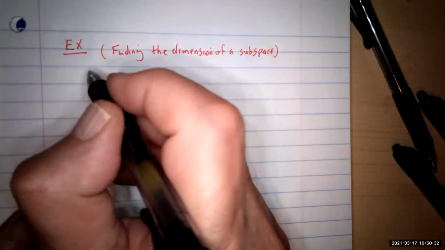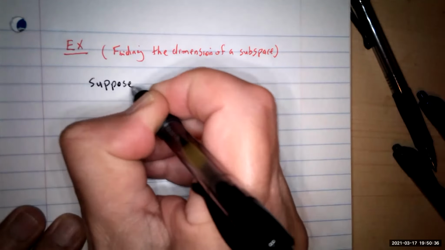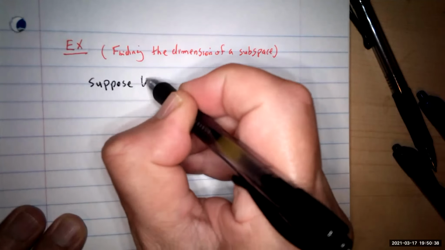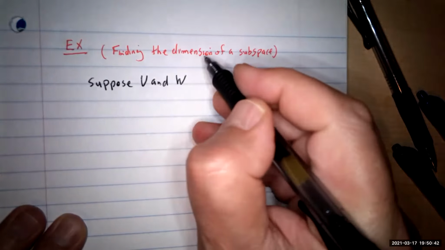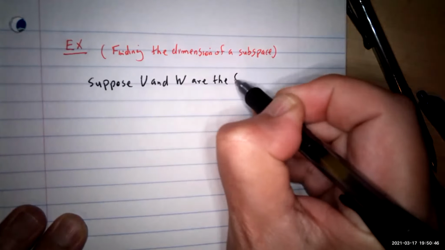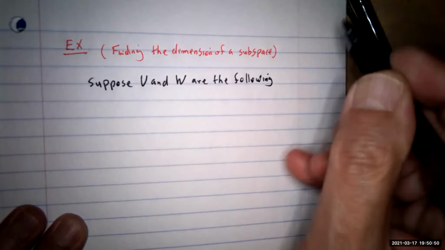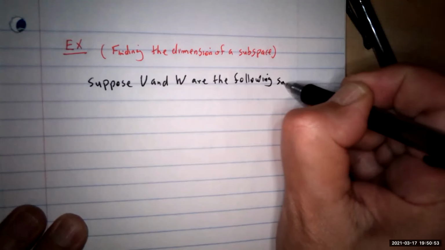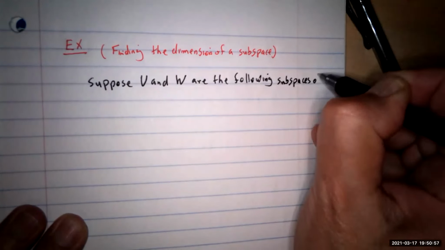So suppose U and W are the following subspaces of R4.